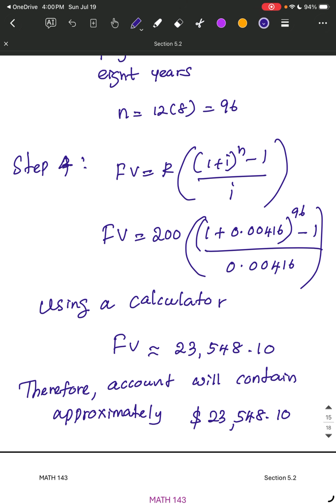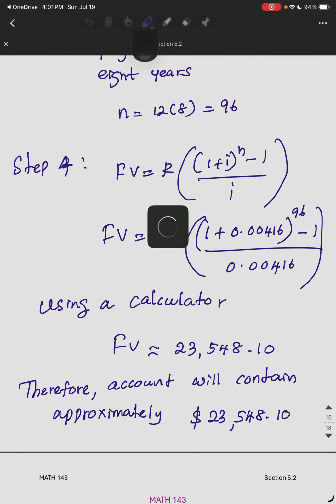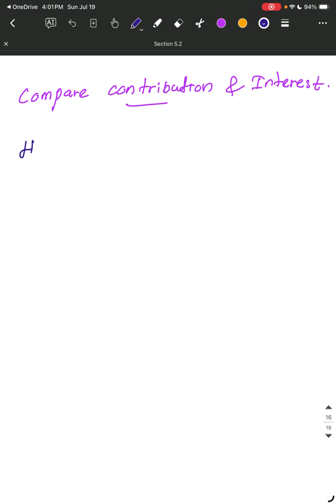Okay, then let's compare the contribution and the interest for the same example. Think about how much money did the person personally deposit?